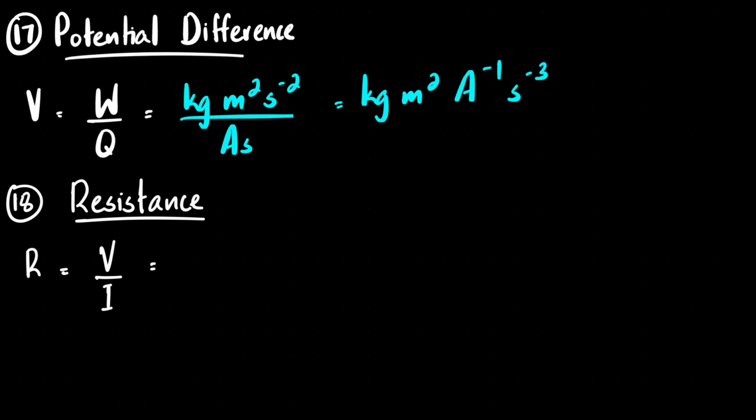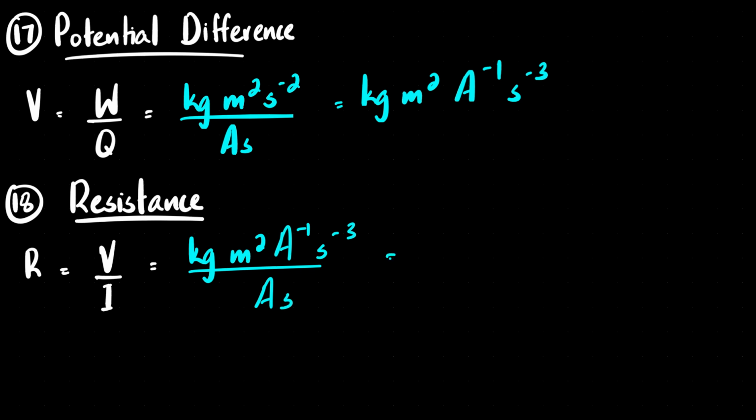So voltage I just found above, kg meter square, A -1, S -3, and current is A. Oh sorry, this is just current, not charge. So this is going to be kg meter square, the only change is with the ampere. -1 -1 makes us -2, and S -3.